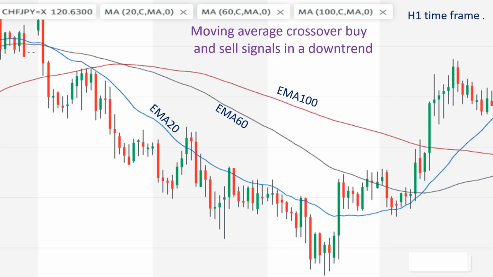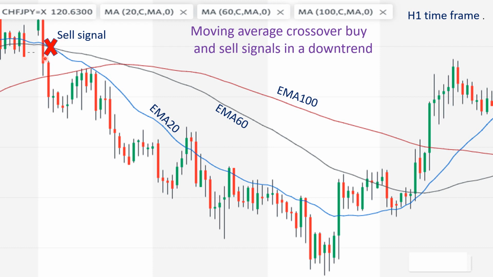Now, in this Forex day trading strategy, if the fast moving average crosses the slow moving average while going downward and the price stays constantly below the EMA 100, then it generates a sell signal.